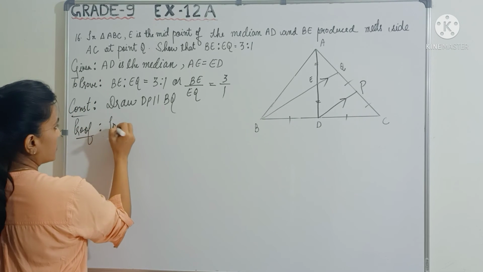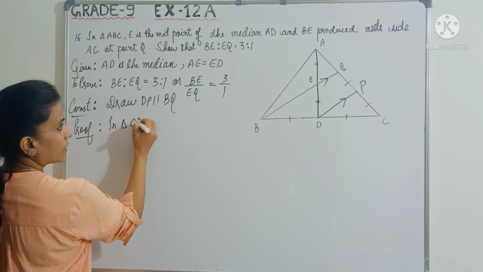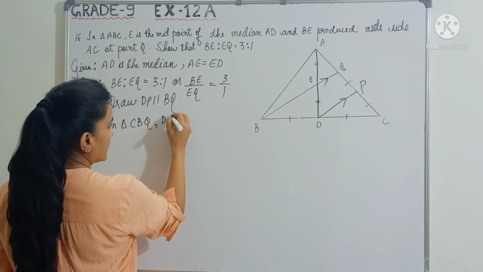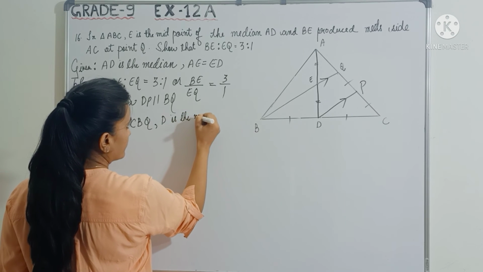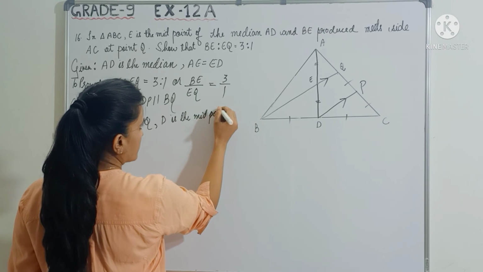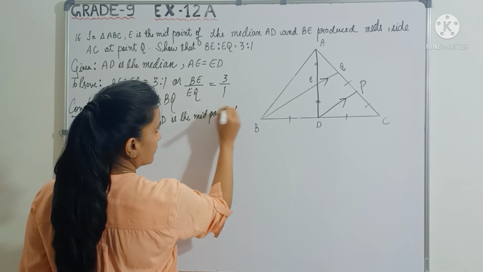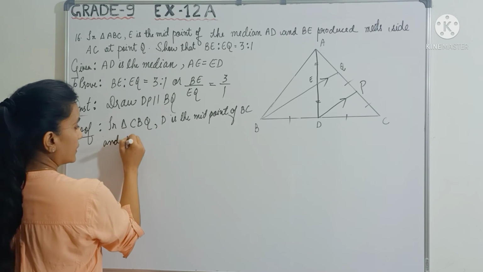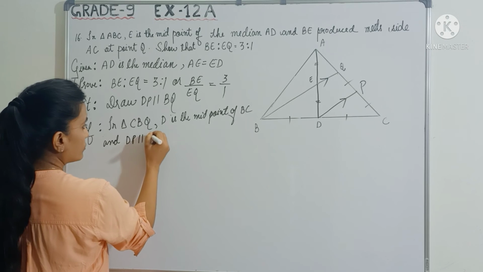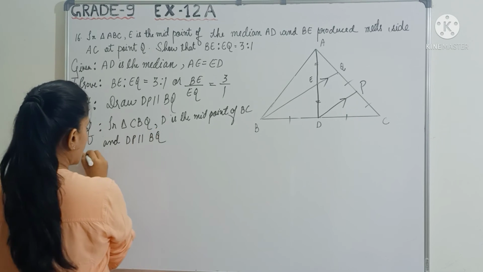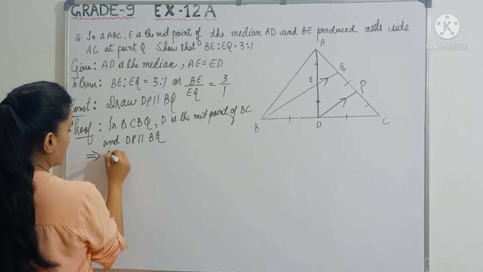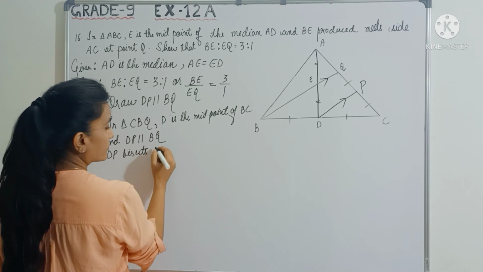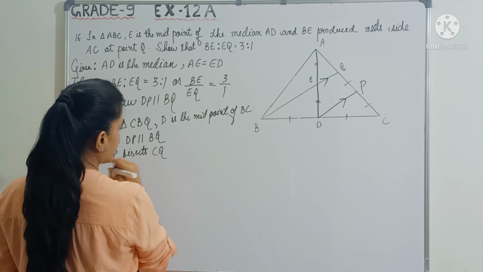Correct? Now let's write down this and then slowly we will do this. So in triangle CBQ, D is the midpoint of BC and DP is parallel to BQ. This implies DP bisects CQ, right?